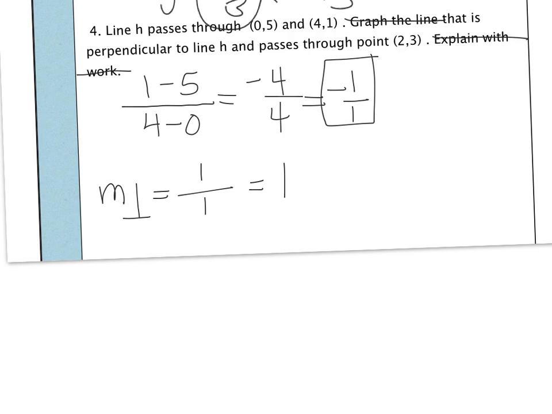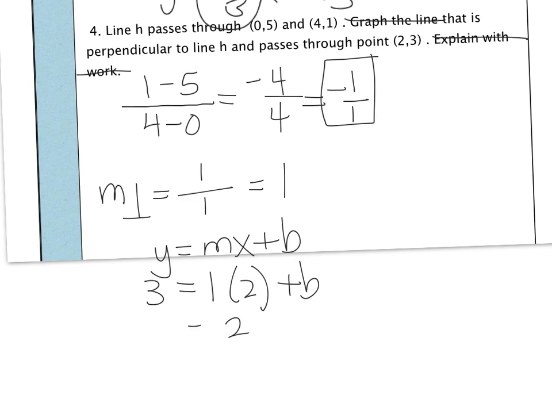And now it wants to know, well, it has to fall through this point. So it has to go through the point (2, 3). So we're going to take our y equals mx plus b, and we're going to plug in what we know. We know the slope of the line perpendicular, it's 1. The x is going to be 2. Y is 3. I'm taking this right from this point that they gave us. They said it has to go through there. And we're looking for the y-intercept, so plus b.